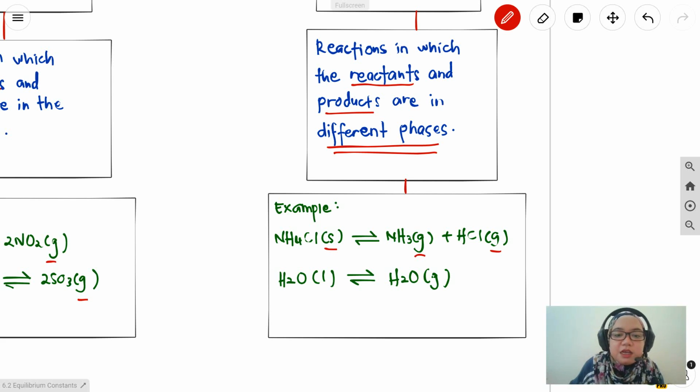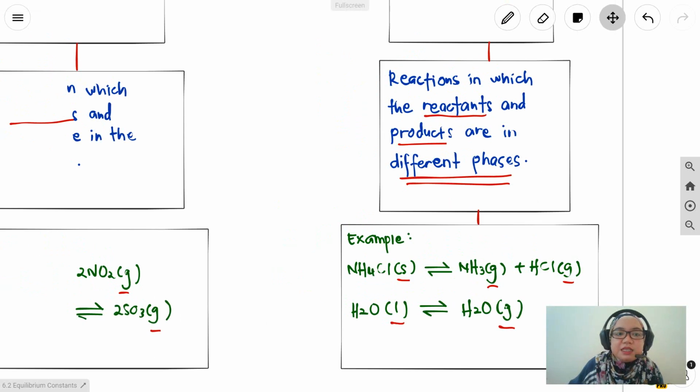Here the reactant is in solid phase, but the products are in gaseous phase. Look at this one: the water is in liquid phase, however after the reaction, the water is in the gas phase. So this reaction we call heterogeneous equilibria. They are in the heterogeneous system where the reactant and the products are in different phases.